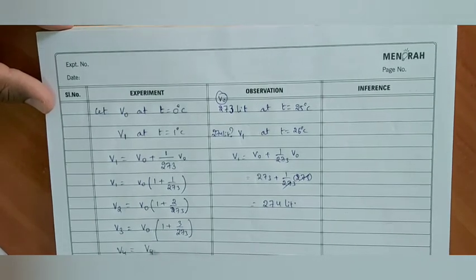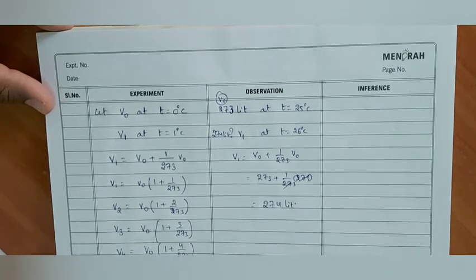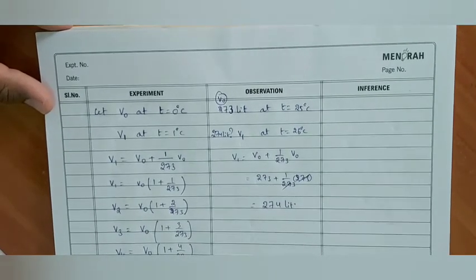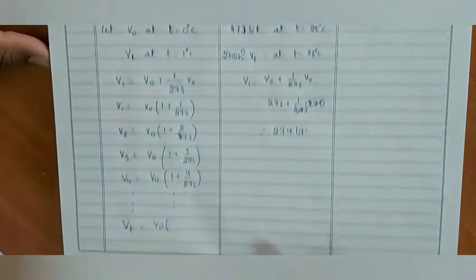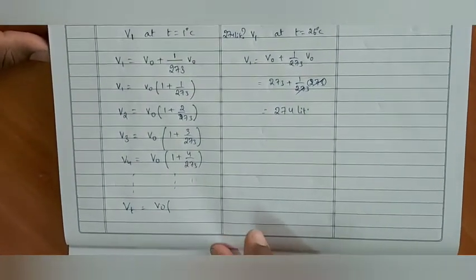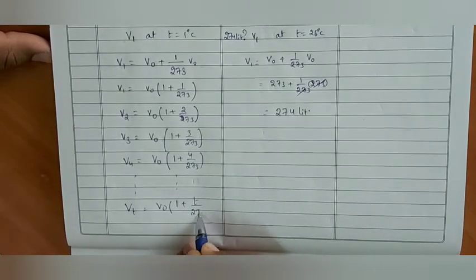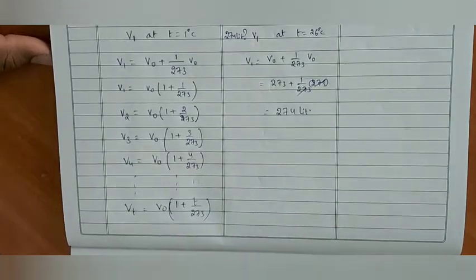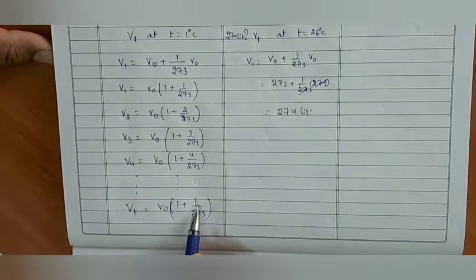V4 is equal to V0 into 1 plus 4 by 273. Like that, Vt is equal to V naught into 1 plus t by 273. How much we are going to increase the temperature, that much I am going to write here as t.